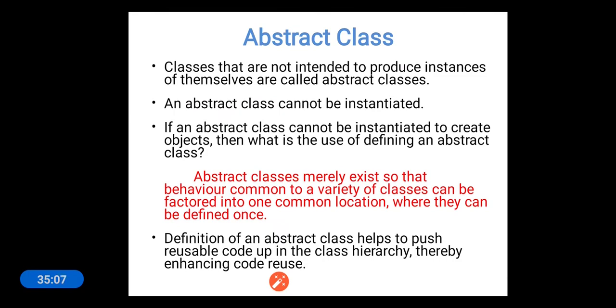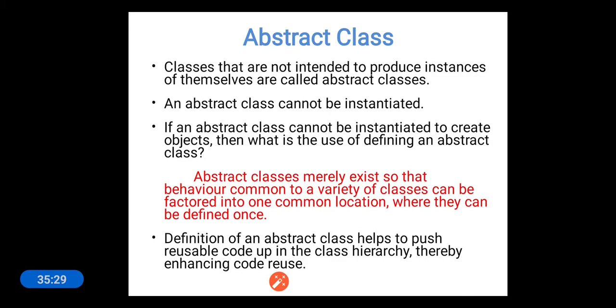Next comes abstract class. So what do you mean by abstract class? The classes that are not intended to produce instances of themselves are called abstract classes. That means these cannot be instantiated. Okay, so whenever a class cannot be instantiated, then why define it? Why define such abstract classes?